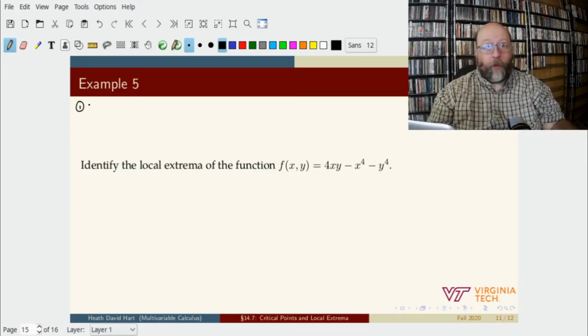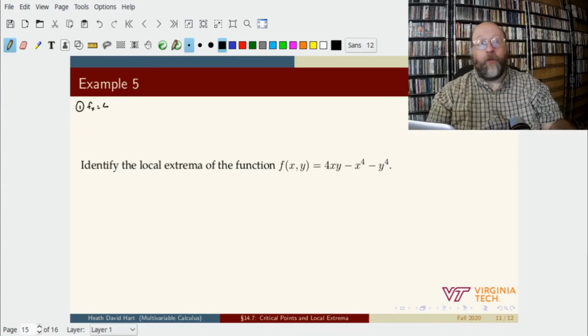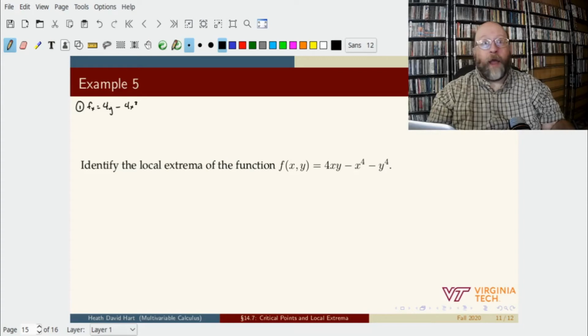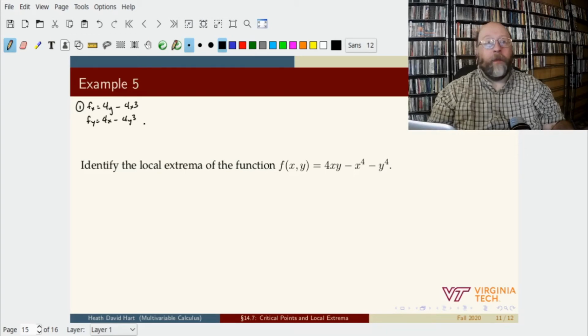So the partial derivatives, fx is equal to 4y minus 4x cubed, and fy is equal to 4x minus 4y cubed. We're going to set these equal to 0. I can cancel out the 4's in these equations, and this turns out to say that x is equal to y cubed and y is equal to x cubed.